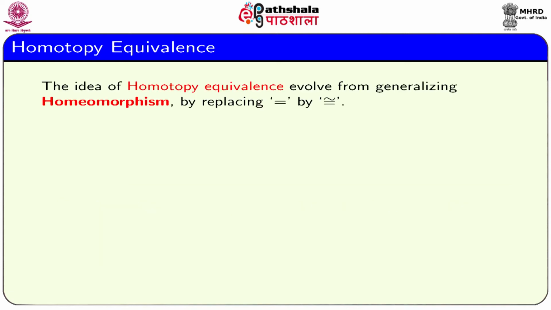Now we introduce the other important concept of homotopy equivalence. The idea of homotopy equivalence evolved from generalizing homeomorphism by replacing the equality by the relation that two functions are homotopic.